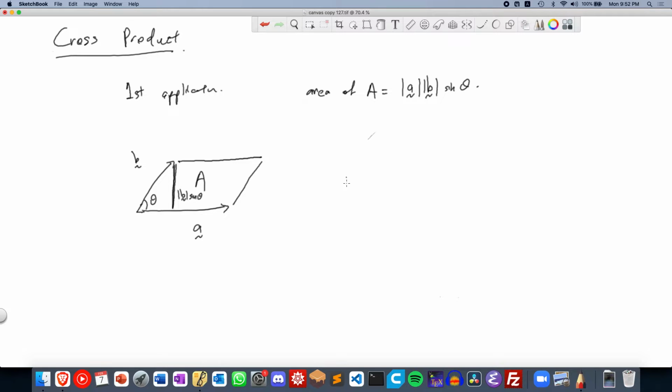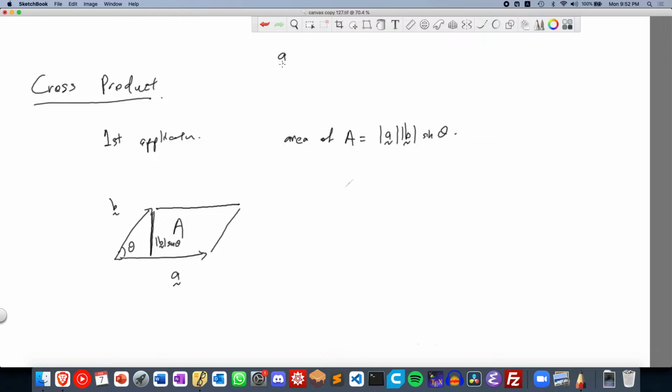Since we've learned in the previous video that the geometrical definition of A cross B is the length of A times the length of B sine theta n hat, imagine what happens when we take the length of both sides. Both sides of this equation are vectors, but what if we take the length?